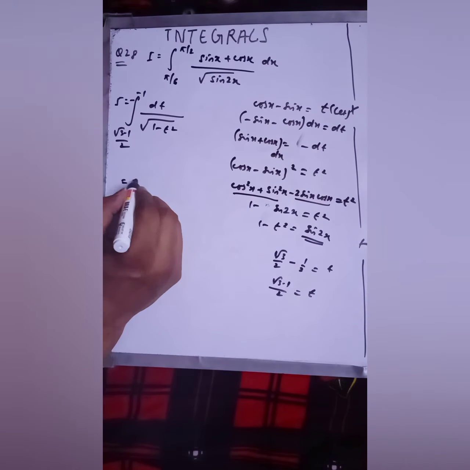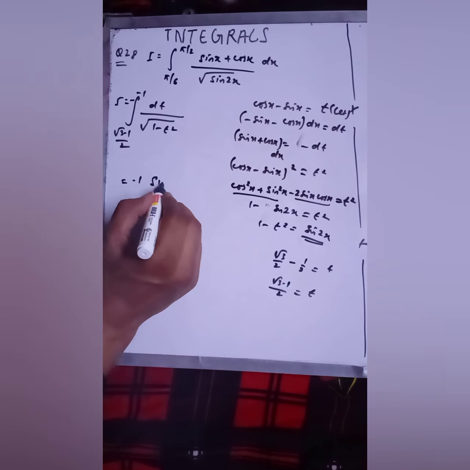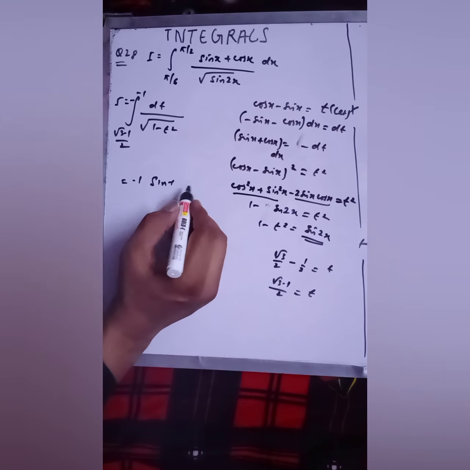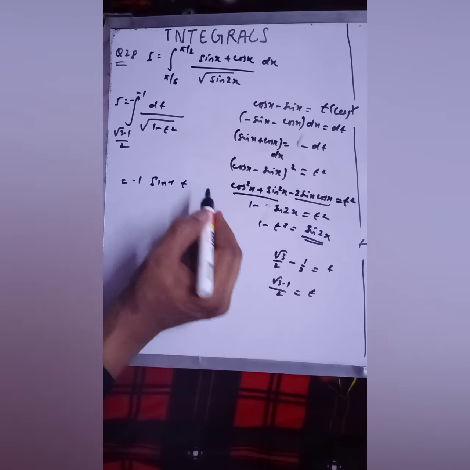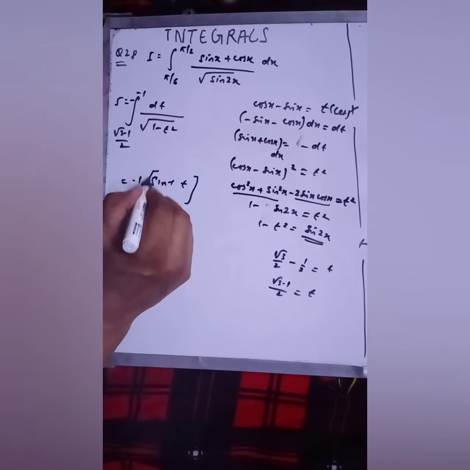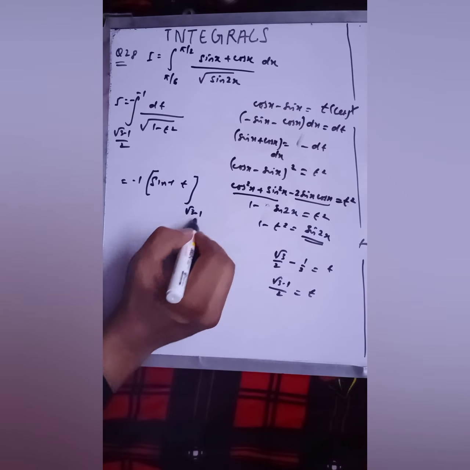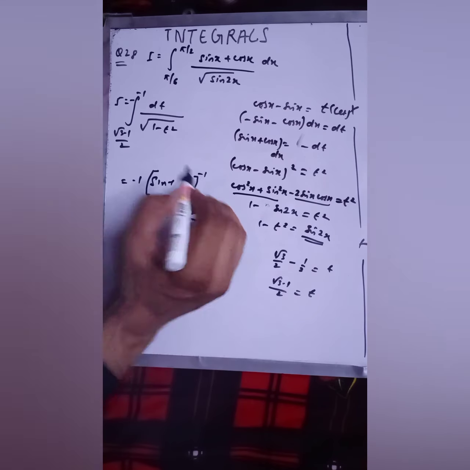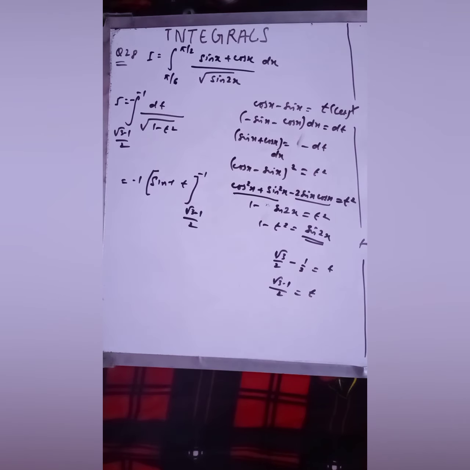So your formula would be sine inverse x by a. So a is 1, so leave this here, and you just have to put the limits. This is minus 1. Put the limits and you will get the required answer. This is your work. Now you can put the limits.